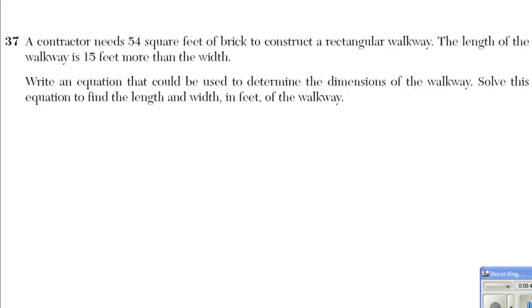Alright, let us move on. A contractor needs 54 square feet of brick to construct a rectangle. But the length of the walkway is 15 feet more than the width.